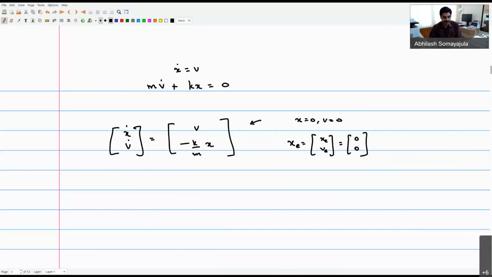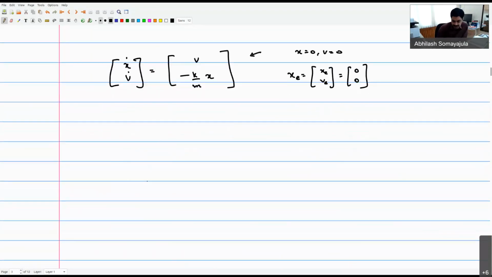Now, if I want to identify the stability of the system, if I take a small ball of epsilon and I want to keep the trajectories inside that epsilon ball, what am I looking at? I'm looking at a phase space. Generally a phase space refers to a plot of the two states that you have. In this case, it is state x versus v. This is what is called a phase plane.